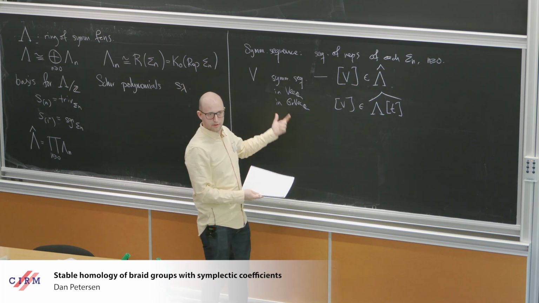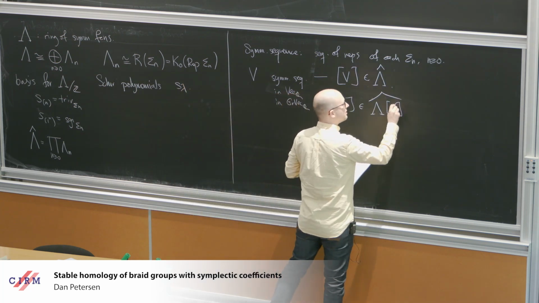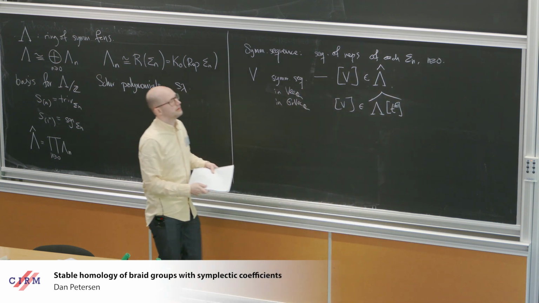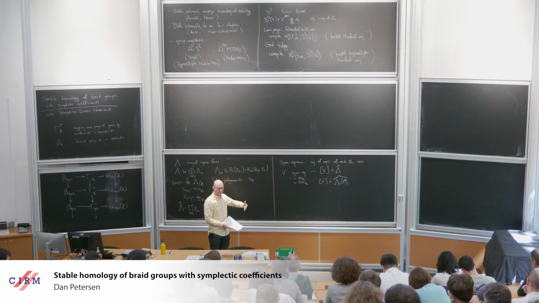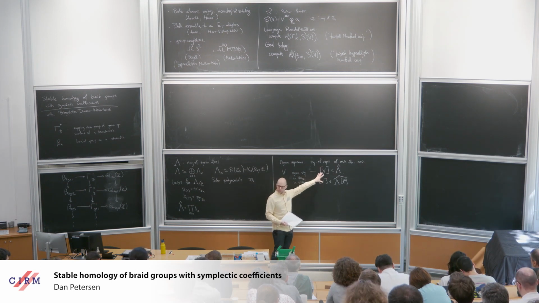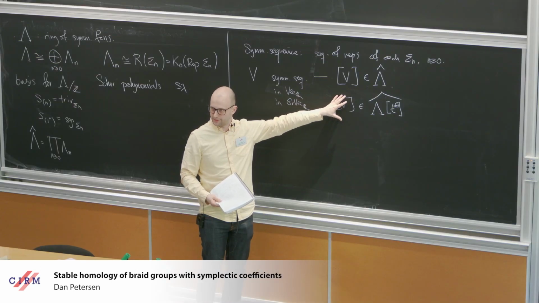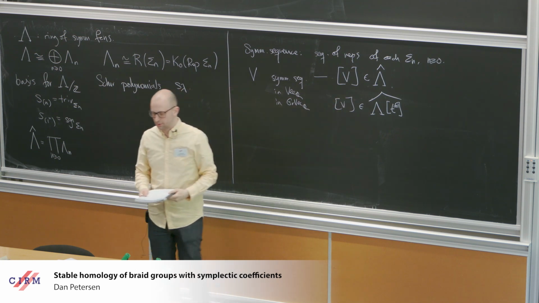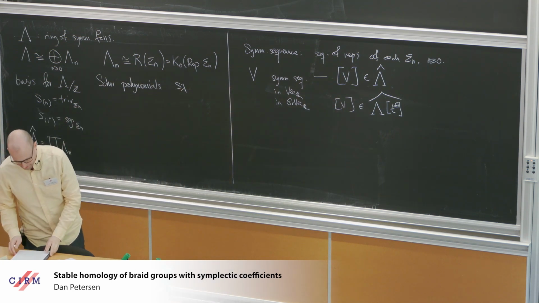Or if it's possibly non-positively graded, I will take a Laurent polynomial. And I will just write bracket V, and I will not really be very careful about where it lives. But T always keeps track of homological degree.